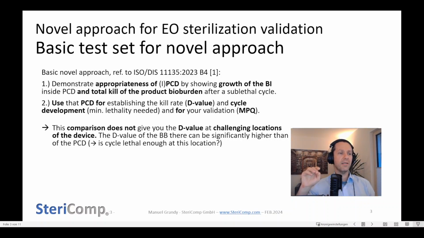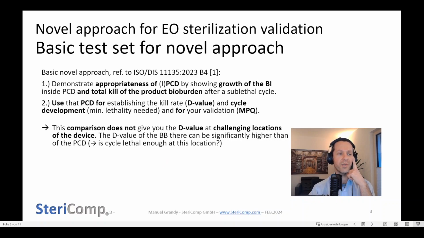But also regardless of this, the bioburden there with regards to the D value can of course be much higher than the D value of a PCD which is placed outside the device. Okay, and this is the main issue with this approach here, and you will see it later in the diagrams quite clearly.